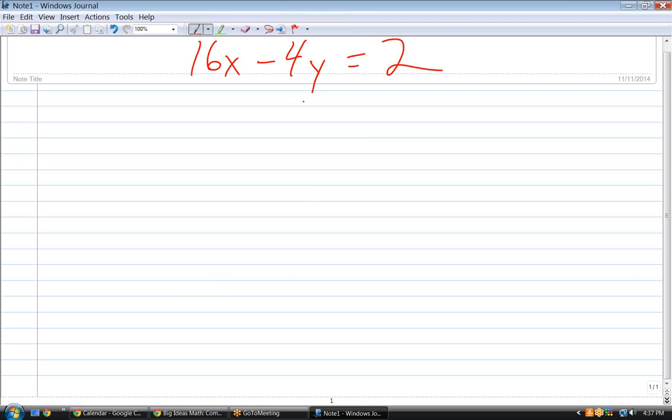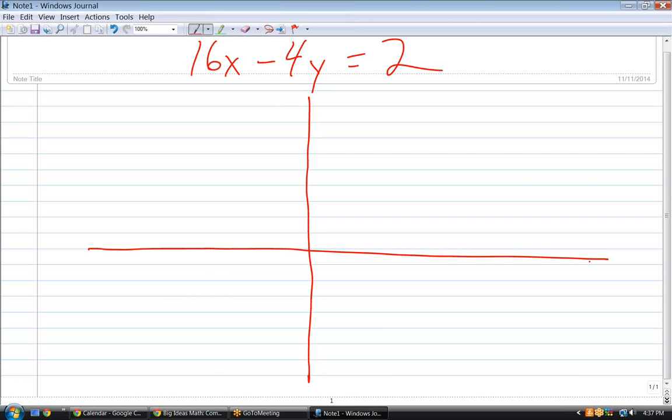Just give me my x and my y-intercepts. Don't even need to give them to me as a coordinate point. So the y-intercept would be, would that be 0, comma negative 2?